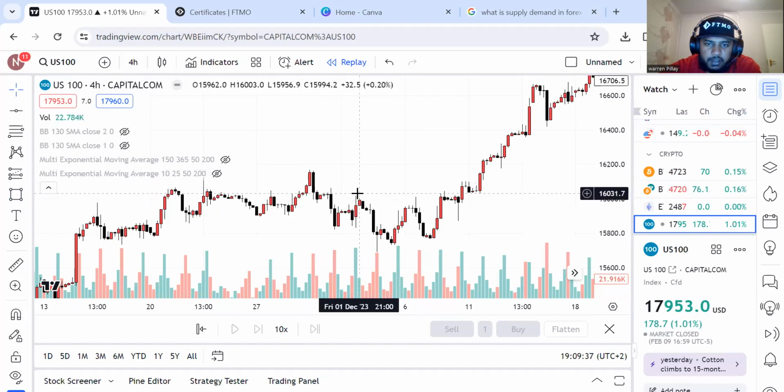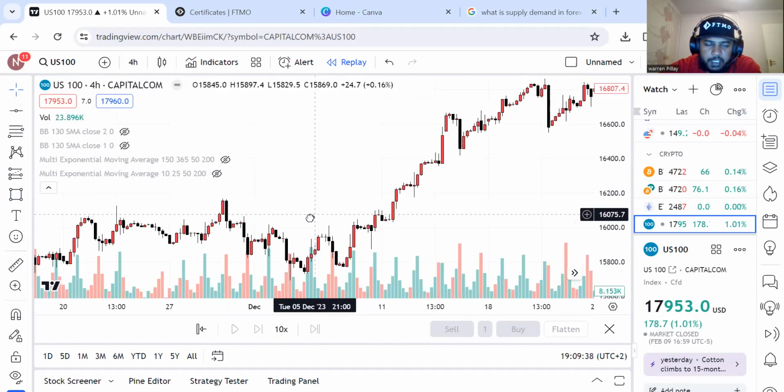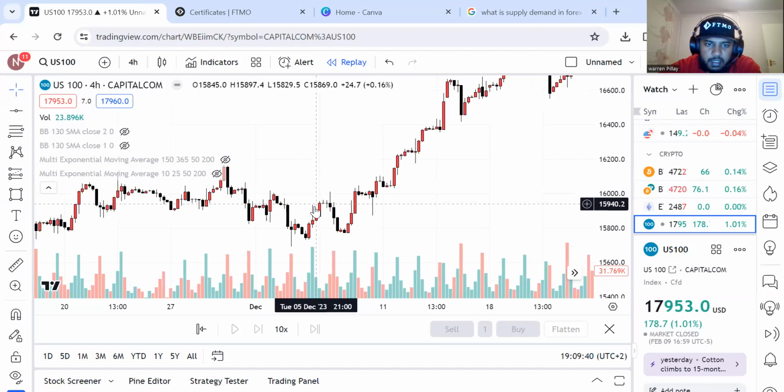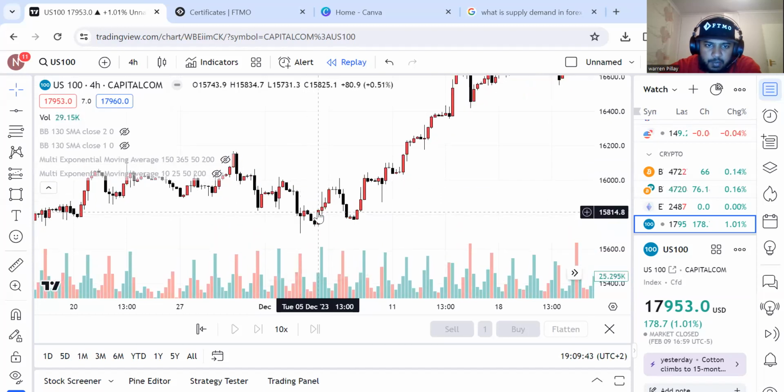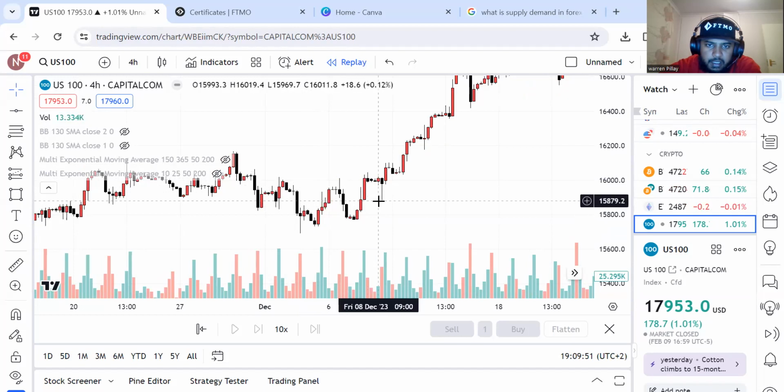This one, you can see there's no supply level, but if you look at demand, right, there's a big red candle that respects the demand level. This big candle here doesn't come back, but moved all the way up here. This candle here didn't come back.